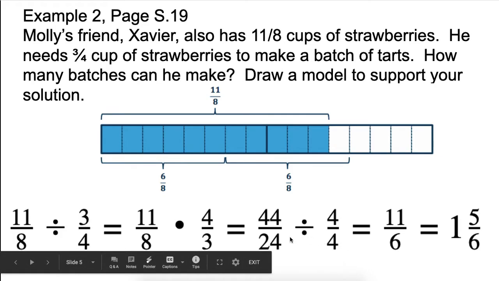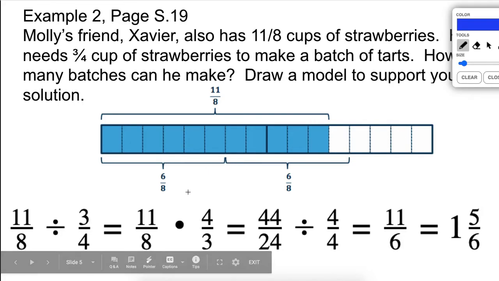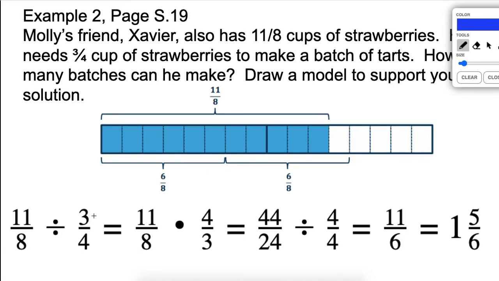If we take 11/8 divided by 3/4, and then we multiply by the reciprocal, the reciprocal of 3/4 is 4/3.